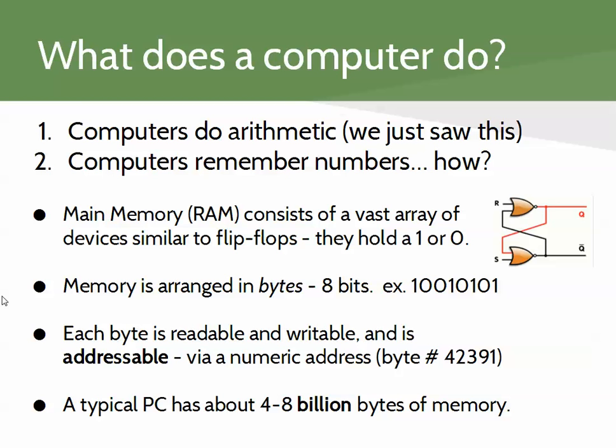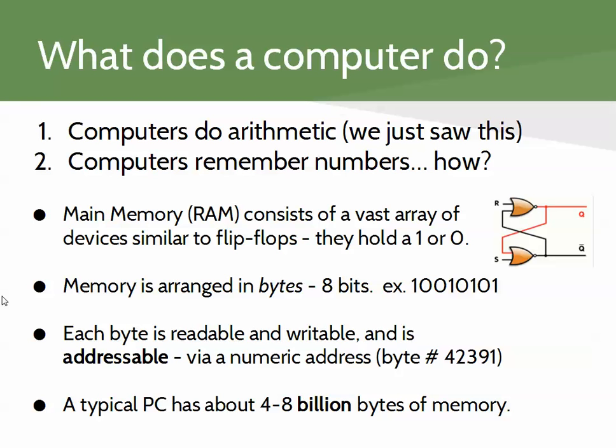So the hardware inside a computer allows you, if given the address of a particular byte, say byte number 4000 or 42,391, to read the value from that and bring it into a register. We talked about how registers are where we hold data temporarily so the CPU can actually perform computations on it.